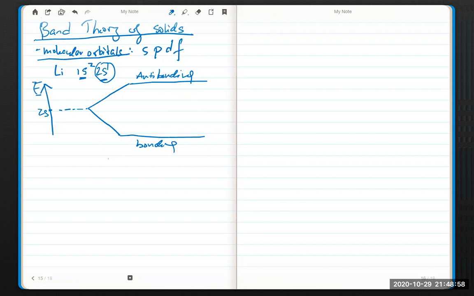How did you get that? Well, there's a smart guy named Schrodinger, who came up with the Schrodinger wave equation, and he basically described how electrons can be represented as a wave function.